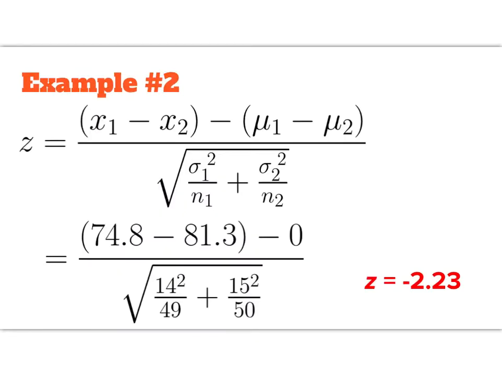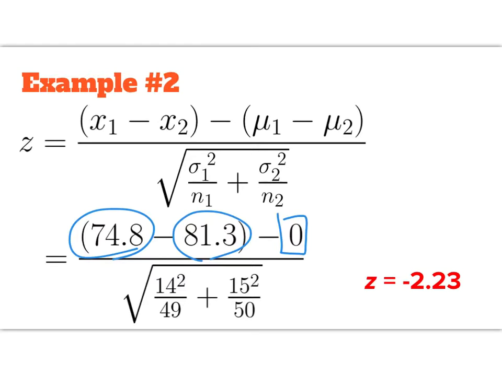Go to the z-score calculation. The difference between the x bars is 74.8 minus 81.3. And the difference of the means, the population means the mu's, is 0, as we've talked about before. The denominator is square root of 14 squared over 49 plus 15 squared over 50.